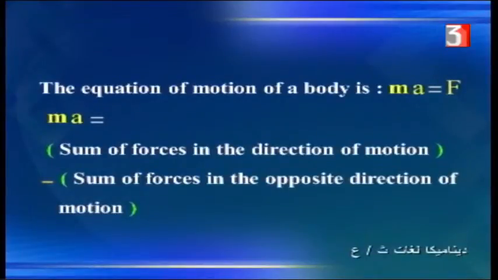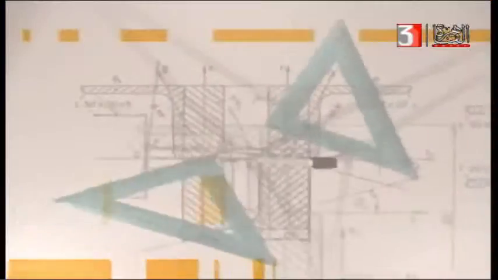Then MA equals F means M, the mass of the body, multiplies the acceleration A equals F, the resultant of the forces acting on the body. But we know that F equals the sum of forces in the direction of motion minus the sum of forces in the opposite direction of the motion.